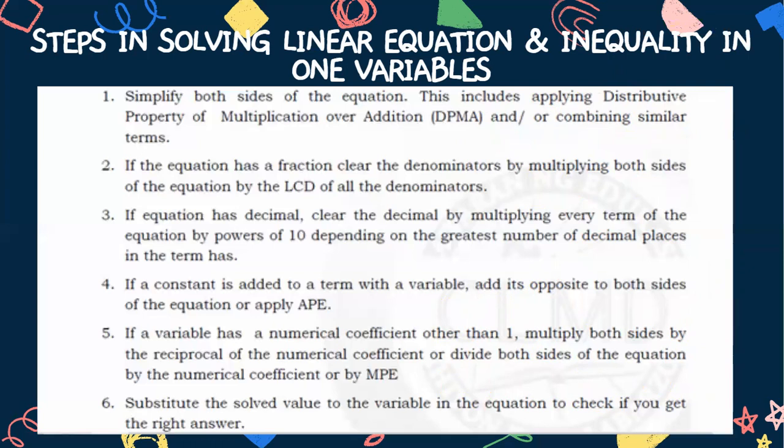Then, number 5, if a variable has numerical coefficient, kung yung variable daw po natin ay may kasamang numerical coefficient or number other than 1, multiply both sides by the reciprocal of the numerical coefficient or divide both sides of the equation by the numerical coefficient or by MPE.